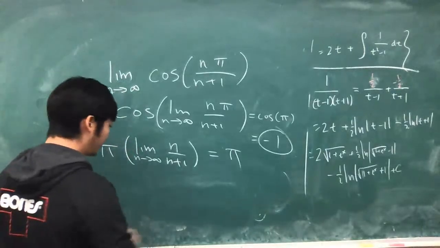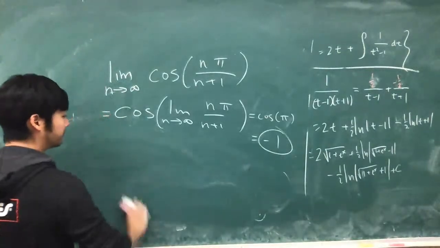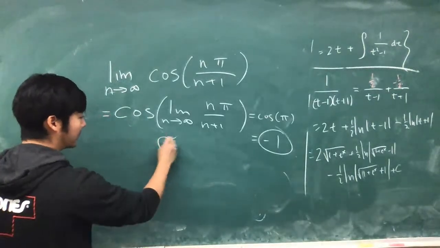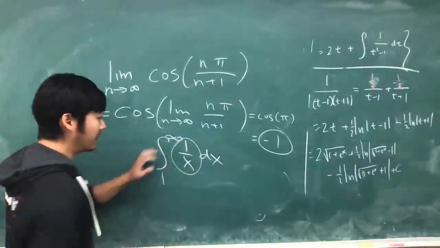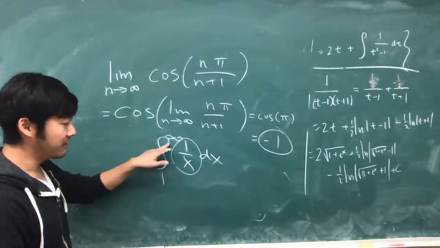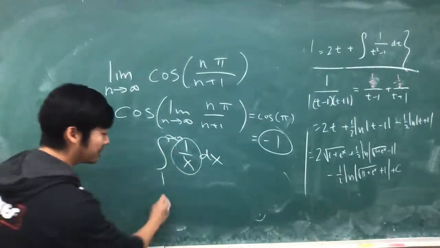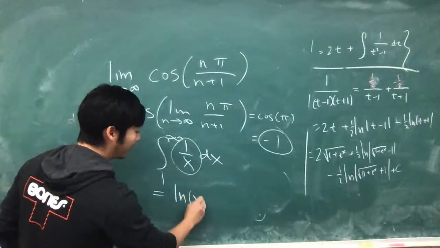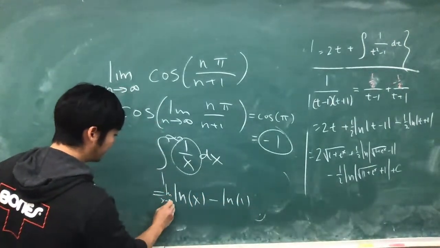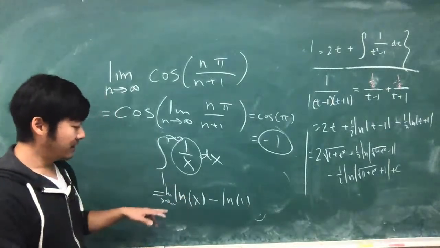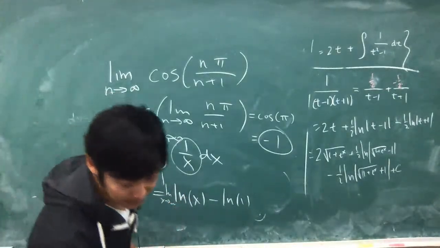Here's the counterexample: the integral from 1 to infinity of 1 over x dx. Then this thing is going to 0 as x goes to infinity. However, this is natural log of x minus natural log of 1, and then b goes to infinity, whatever. But this is divergent, so it's not convergent.